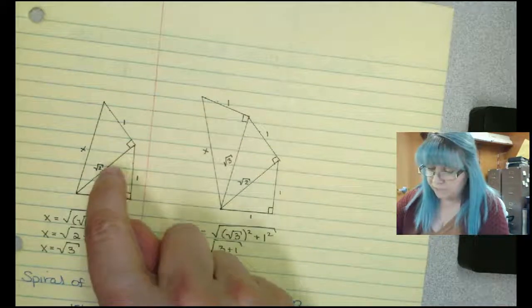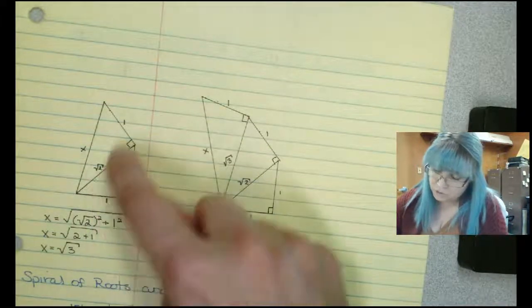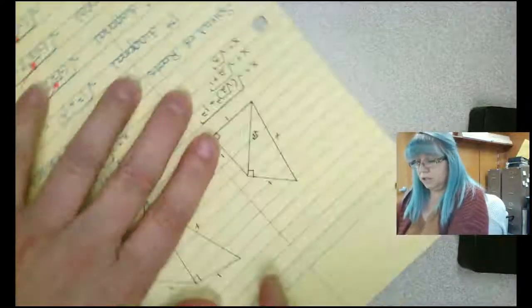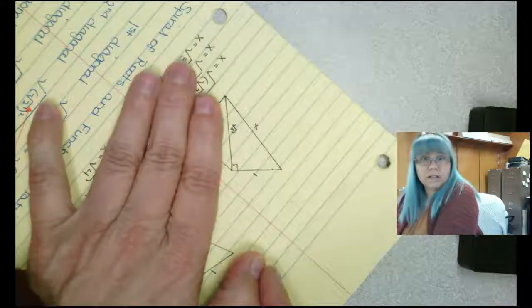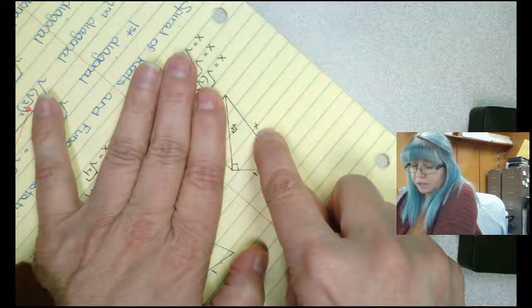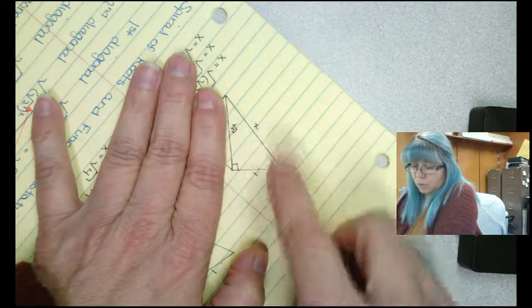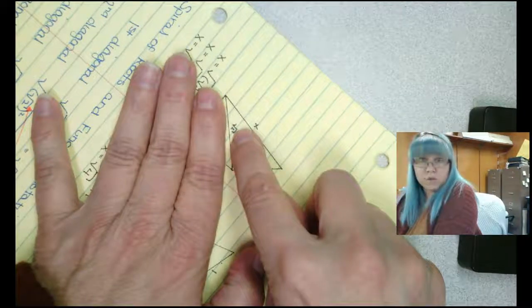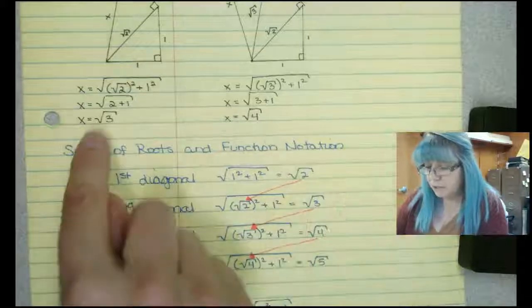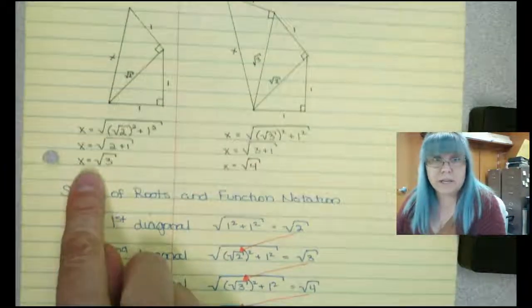It will have a height of the square root of 2 and a base of 1. If you want to see it turned around, here's the triangle. The hypotenuse is x, so x equals the square root of the square root of 2 squared plus 1 squared. So x will equal the square root of 3.